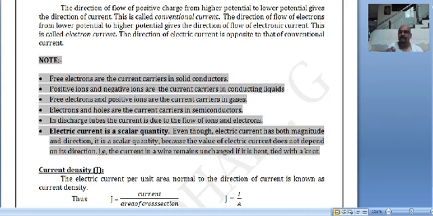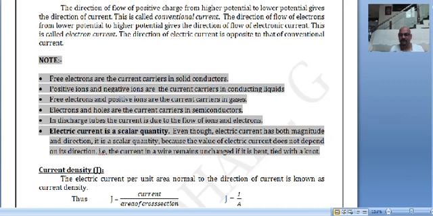Real current is the current due to electrons. In the case of gases, free electrons and positive ions are the charge carriers. In the case of semiconductors, germanium, silicon, all these are semiconductors, we've got two types of charge carriers: electrons, the negative charge carriers, and holes, the positive charge carriers.